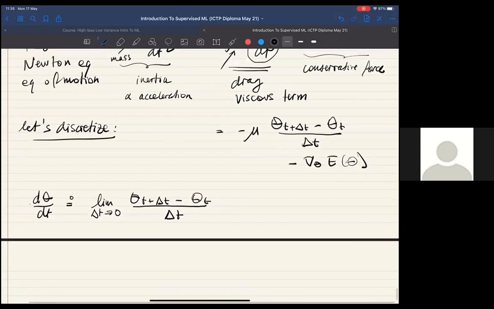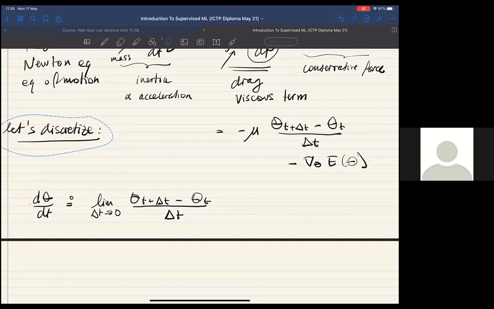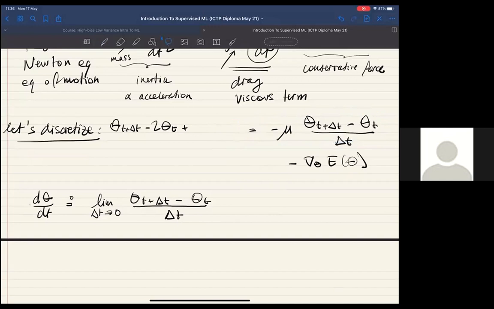Okay, you just apply twice the first derivative, and it gives theta at t plus delta t minus 2 theta at t plus theta at t minus delta t, over delta t squared. Okay.